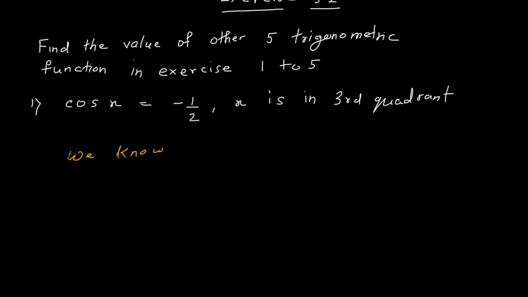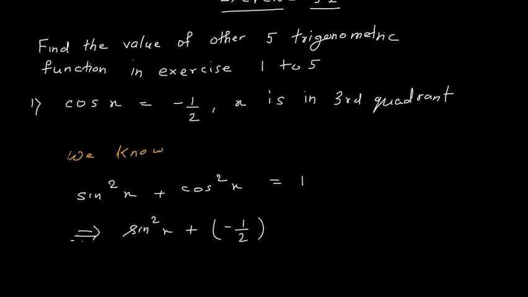We know sin square x plus cos square x is equal to 1. This implies sin square x plus, the value of cos x here is minus 1 by 2, so plus minus 1 by 2 square is equal to 1.